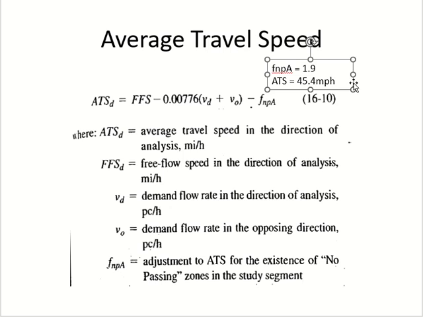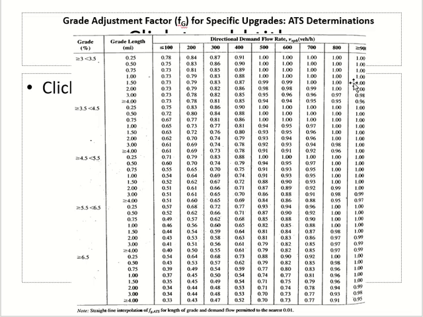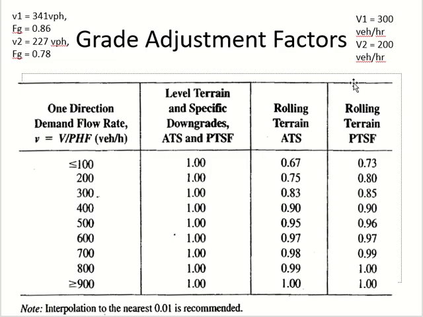Now I'll calculate PDSF. Which factor will change for PDSF? Tell me the first thing which will change for PDSF. FNP later, but first.